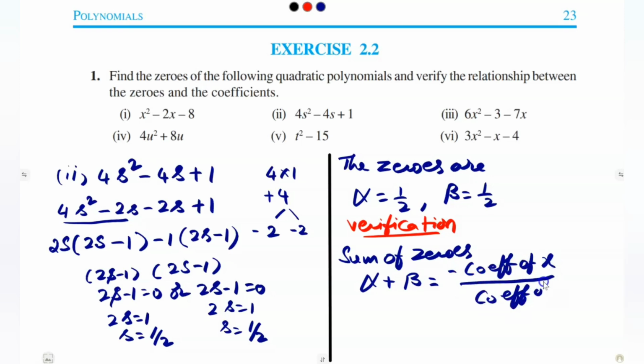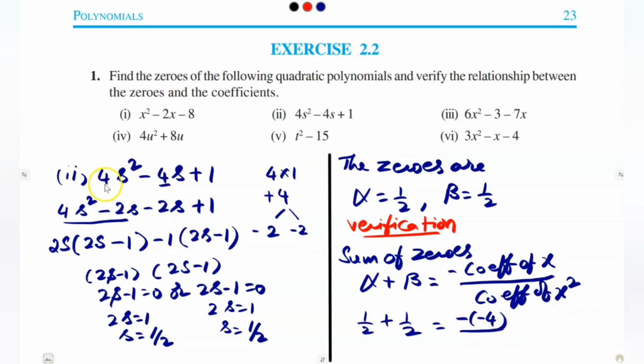Let us substitute the values. Alpha plus beta is half plus half on the left side, and on the right side minus coefficient of x. Sorry, here the variable is s, so you should take the coefficient of s, which is minus 4. So minus of minus 4 by the coefficient of x square.